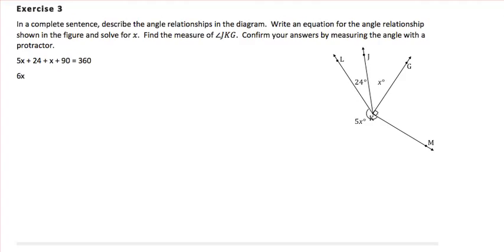Combining our like terms, we have 6x plus 114 equals 360. And so 6x is equal to 246. And then when we divide, we find that x is equal to 41 degrees.